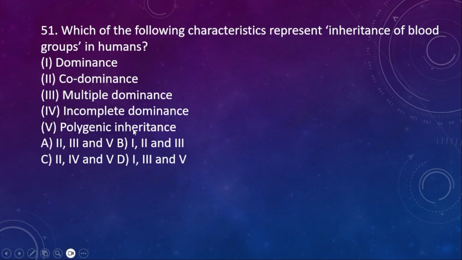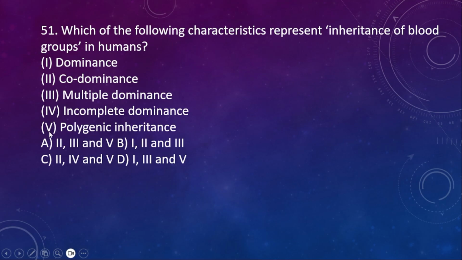Next question, 51. Which of the following characteristics represents inheritance of blood group in humans? 1. Dominance. 2. Codominance. 3. Multiple alleles. 4.